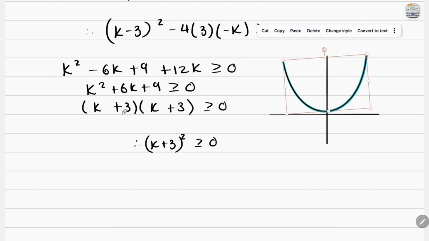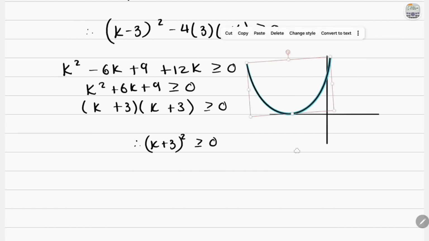If you're saying (k plus 3) all squared equals 0 and you're finding the critical value, you'll find that k is equal to negative 3. So this is what this parabola looks like. It has one intercept at negative 3. And the question is, for which values of k will this have y values that are always greater than or equal to 0?